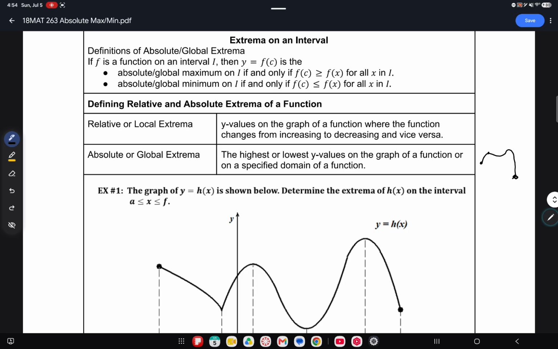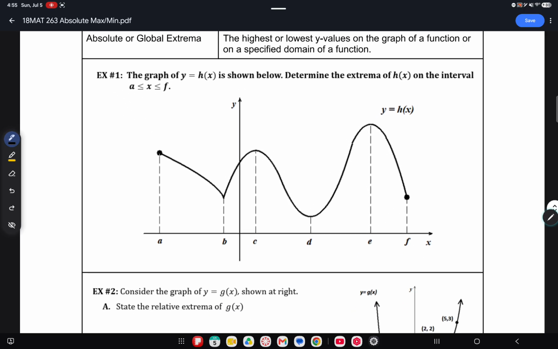I could find some relative max and mins here. And then the absolute is going to be the highest on the entire domain, from this left point to this right point. So the absolute maximum is this one because it's the highest value there, and this one would be the lowest, so the absolute global minimum. Okay, so that's just some examples.